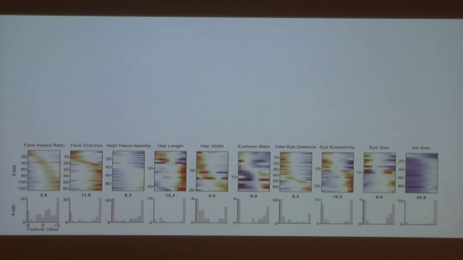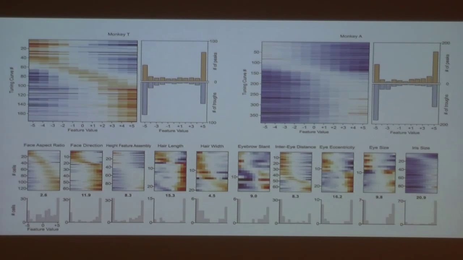Here are a whole bunch, these are just hundreds of cells. Each row is an individual cell, showing the tuning for each of these parameters. And you can see that for many of them, they peaked at one extreme or the other, peaking being yellow and suppression being blue. And here's the entire population of a whole bunch of parameters, hundreds.